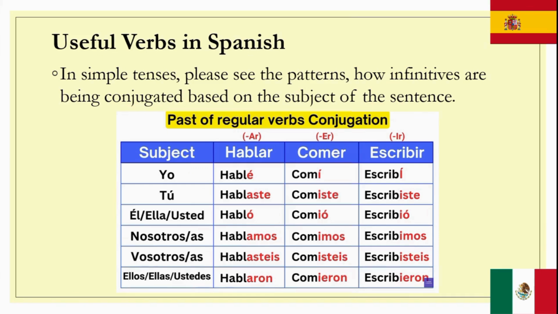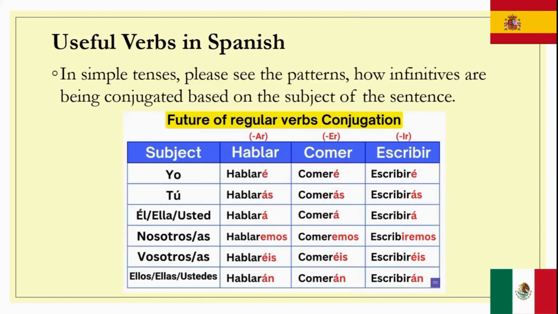We can recognize if a verb is in past first person if there's an accent mark, particularly if it is not O but E or I. Then tú, hablaste, comiste, escribiste, él, ella, usted habló, comió, escribió, nosotros, nosotras hablamos, comimos, escribimos, vosotros, vosotras hablasteis, comisteis, escribisteis, ellos, ellas, ustedes hablaron, comieron, escribieron.